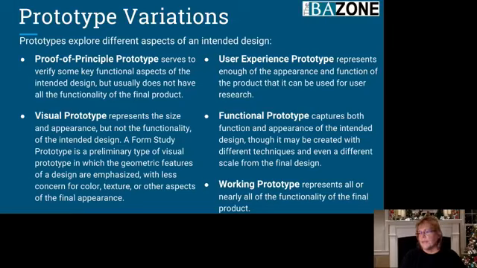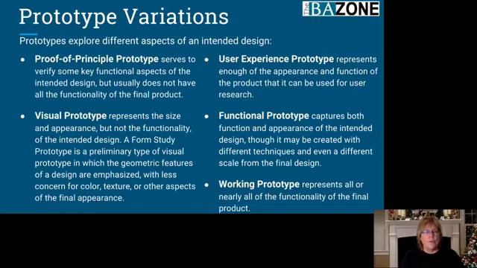And it shows some key functional aspects of the intended design, but it does not have all the functionality of the final product. And it can be anything from sketches to a 3D printed product, but it's definitely just to see, is this an option? Is this going to work in the real world? And you may have several of them before you actually get further into the design process.